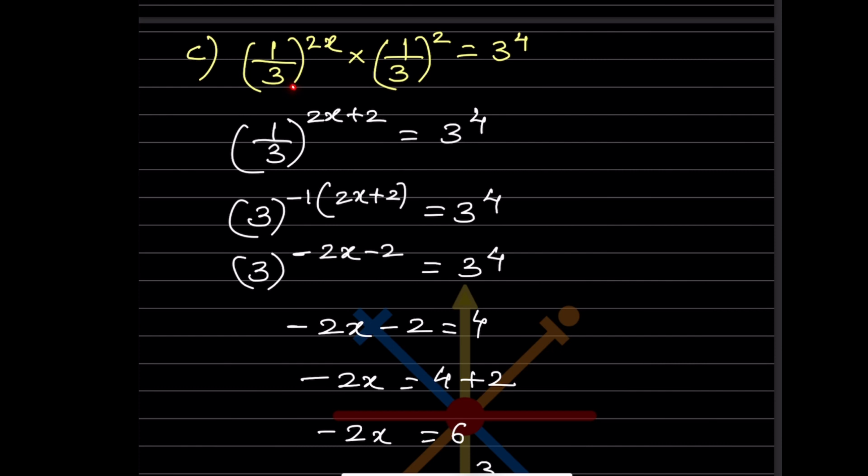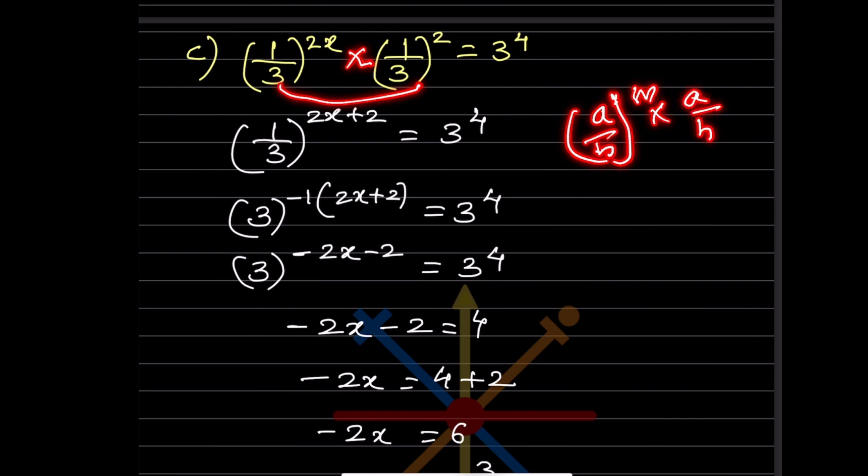Here you can see again the bases are the same. Even if they were not the same, it is okay, because this is the right side. So again, multiplication means you use the same formula, a by b raised to n.